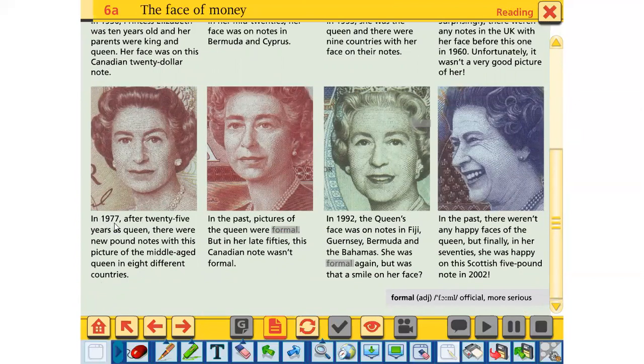In 1977, after 25 years as queen, there were new pound notes with this picture of the middle-aged queen in 8 different countries. In the past, pictures of the queen were formal, but in her late 50s, this Canadian note wasn't formal.